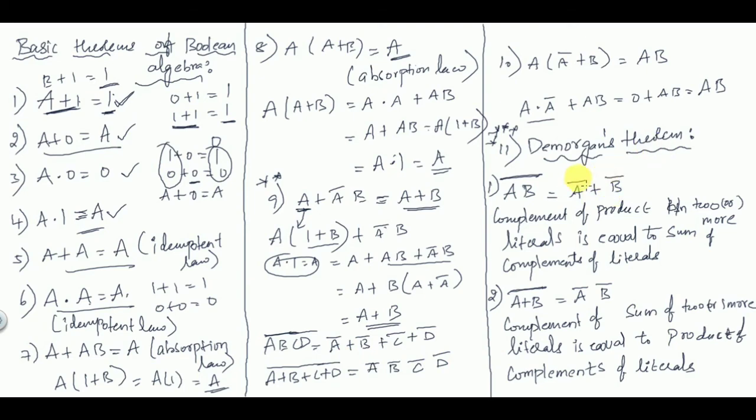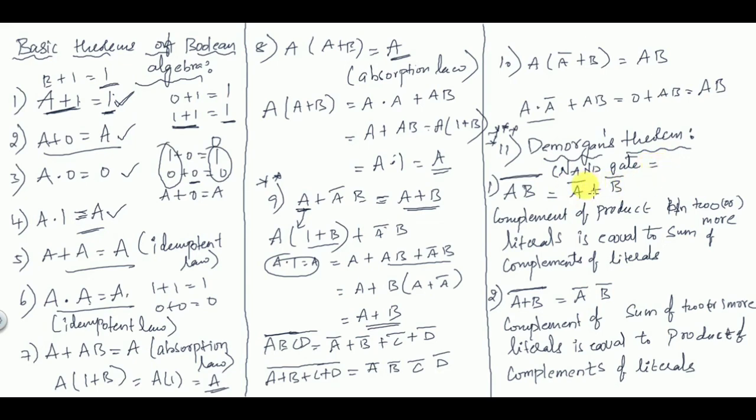What does it represent in terms of logic gates? If you want to talk about De Morgan's law in terms of gates, it represents the NAND gate. I'll explain more about this in my next video, but conceptually you have to write about this in terms of gates.